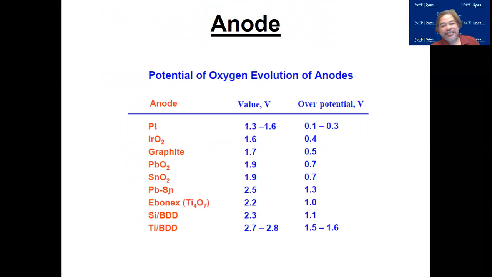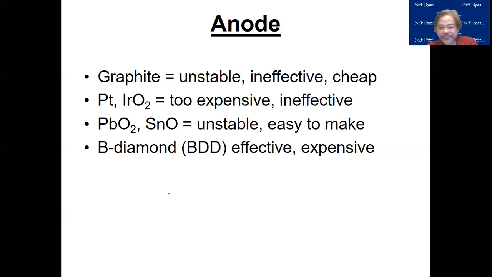So these are the potentials of oxygen evolution of anodes. You have platinum, iridium oxide, graphite, lead oxide, tin and lead alloy, titanium oxide, and the silicon boron-doped electrode and the titanium boron-doped electrode. The thing that you need to consider is the boron-doped diamond electrode, the BDD.